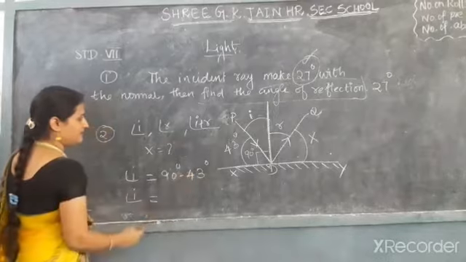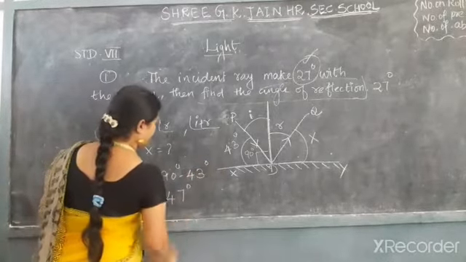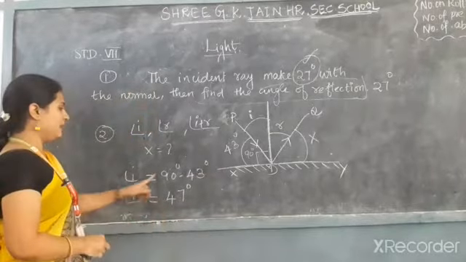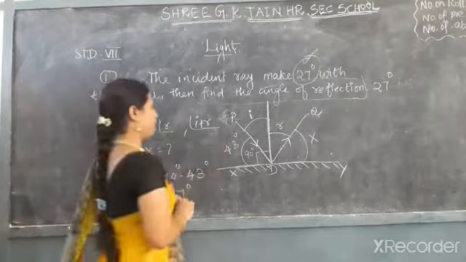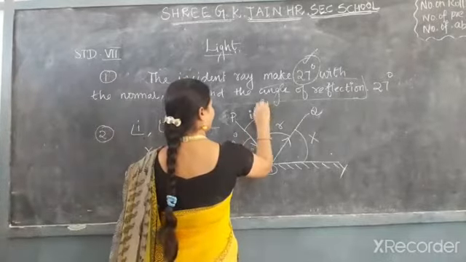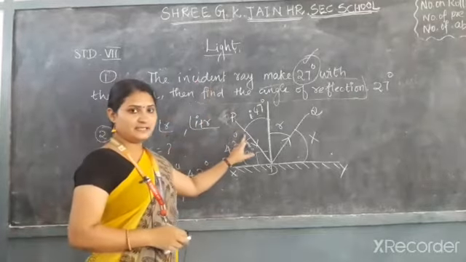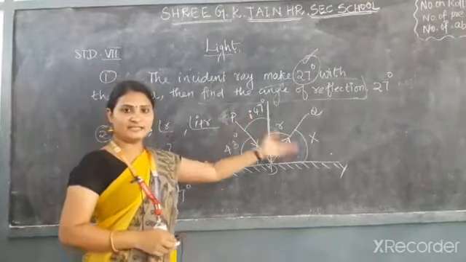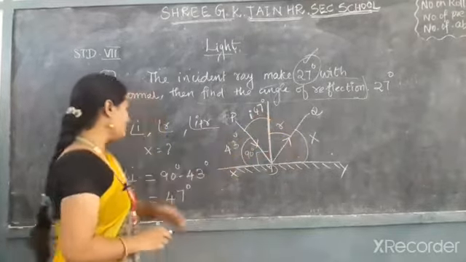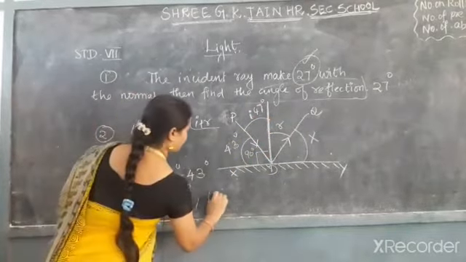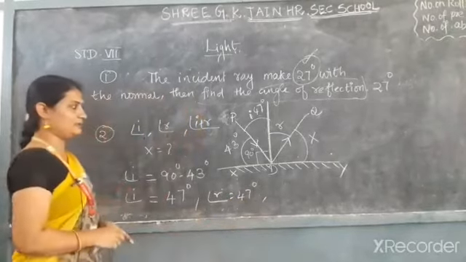I is equal to 90 minus 43, which is 47 degrees. And when the angle of incidence is 47, obviously the angle of reflection will be the same, 47 degrees.